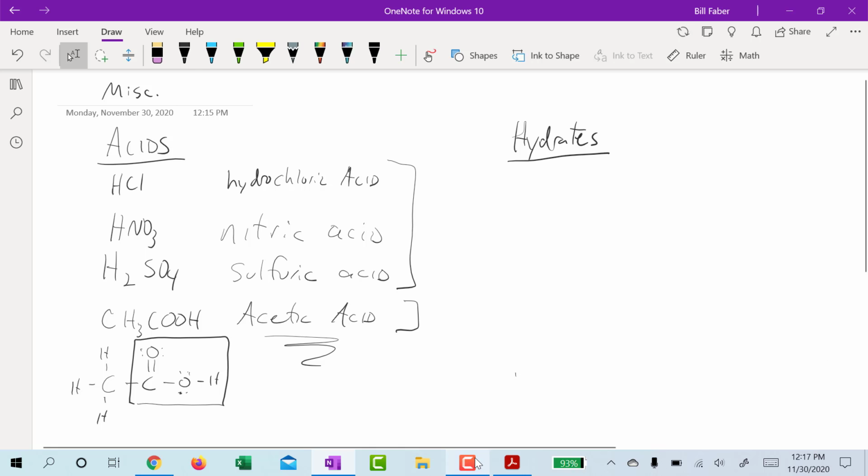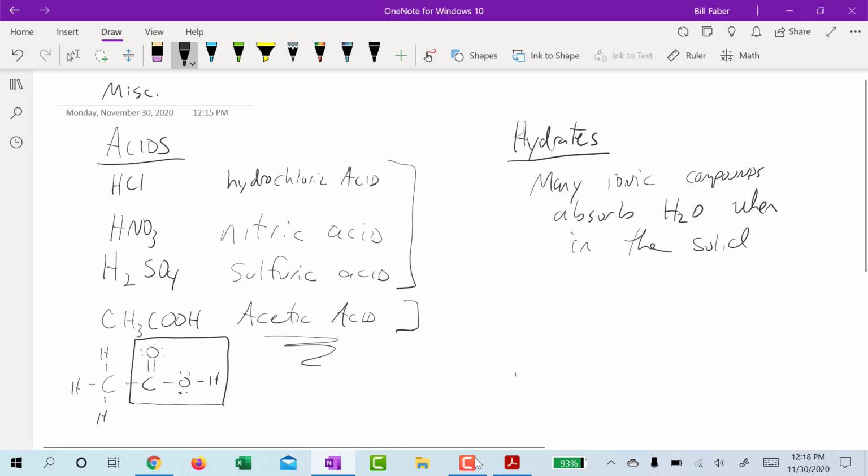But I want you to know that many ionic compounds absorb water when in the solid form. And they absorb a really specific number of water molecules, and so it changes the mass. So think of it, you've probably heard that term like something is X number of pounds when it's soaking wet. And that's because water has mass with it.